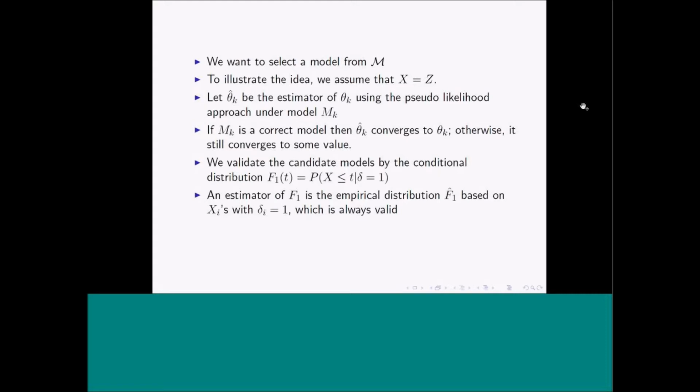So the empirical distribution becomes a standard. If I fit a model with a particular Z and compare it with the empirical likelihood or empirical distribution, and if the difference is small, then I believe that this Z is an instrument. If the difference is large, then I will eliminate it. That's not what I'm looking for.